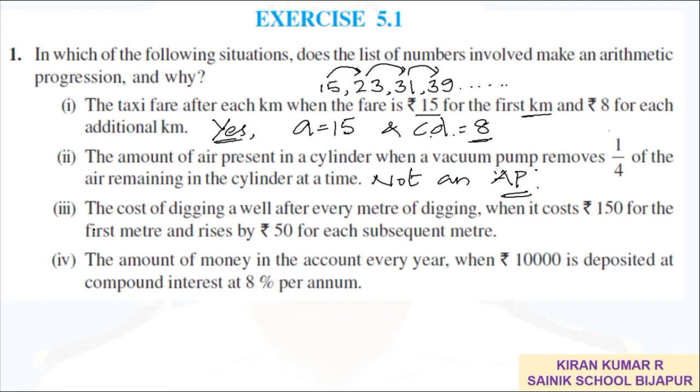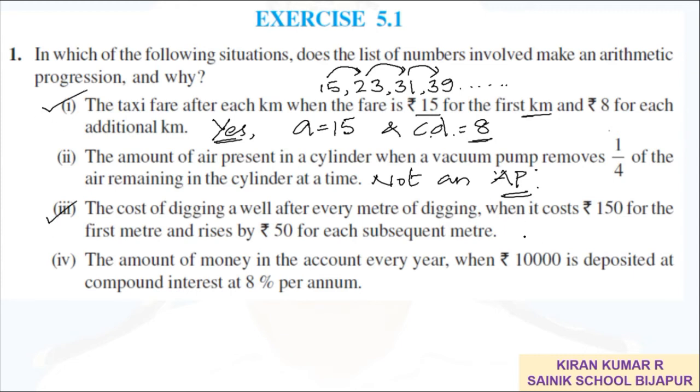Look at the third statement. The cost of digging a well after every meter of digging, when it costs rupees 150 for the first meter and rises by rupees 50 for each subsequent meter. It clearly forms an AP, this one also.